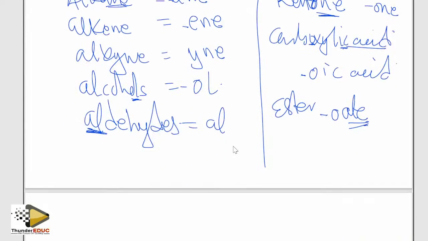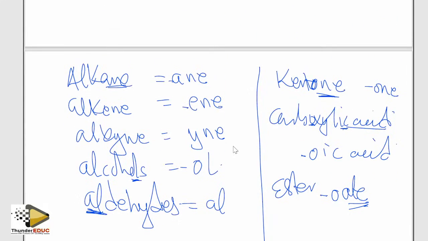Now, these are the homologous series with their functional groups: alkane ends with ane, alkene with ene, alkyne with yne, alcohol with ol, aldehyde with al, ketone with one, carboxylic acid ends up with oic acid, and esters end up with oate.